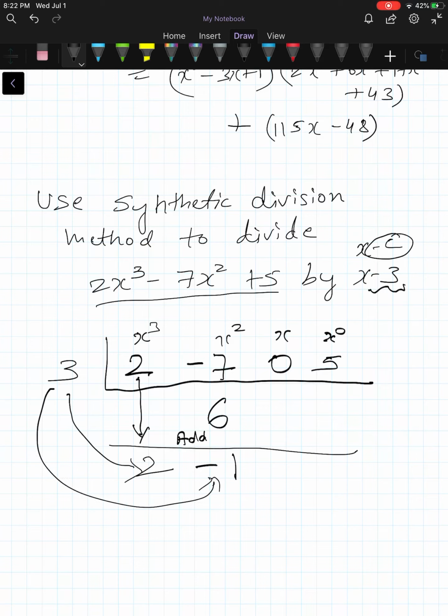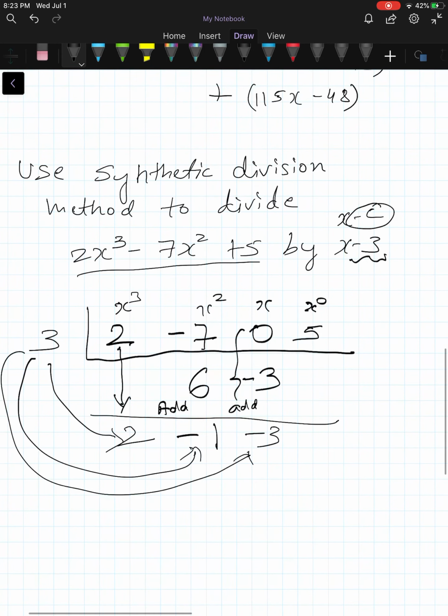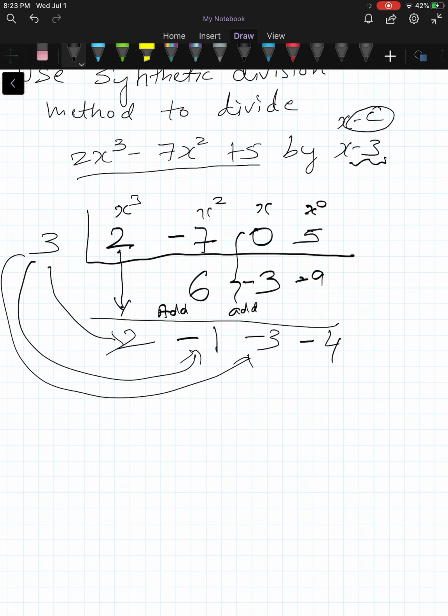Now multiply 3 and minus 1 and put the product below 0, so you will get minus 3. Then add these two terms, so that would be minus 3 itself. Repeat the process, multiply 3 with minus 3, so that is minus 9, and put the product below 5, and add 5 and minus 9, that would be minus 4.